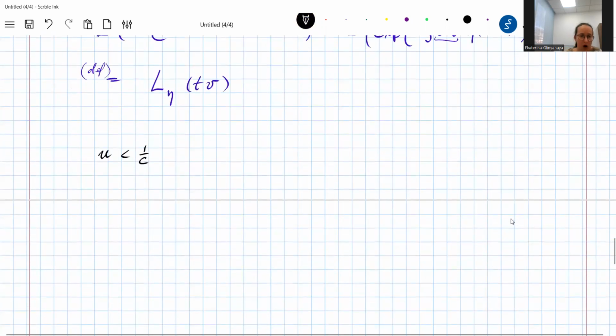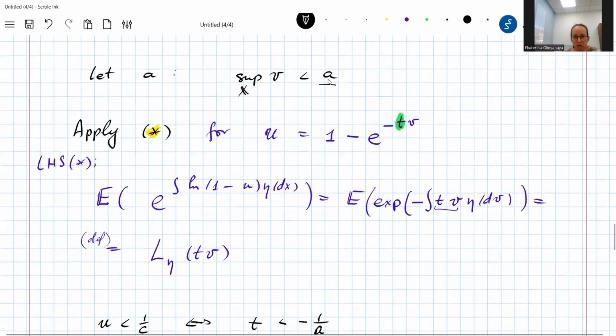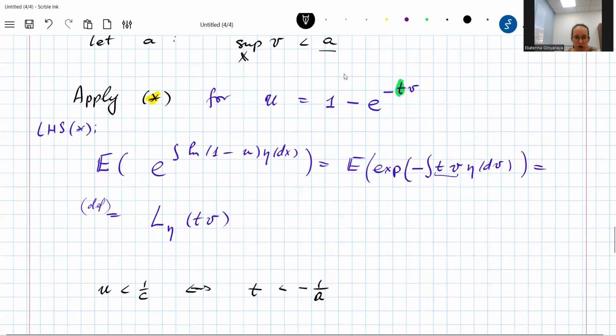Okay. So you can easily see that this is true for t less than minus 1 over a, where a is the upper bound for the function v, times the logarithm of 1 minus 1 over c.